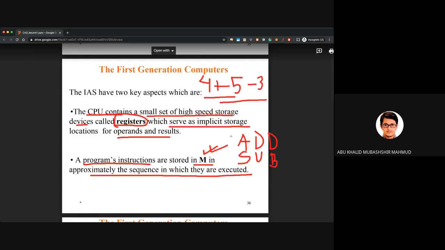In sequence, one should add the two numbers, and the next instruction should subtract another number from the result of the addition.